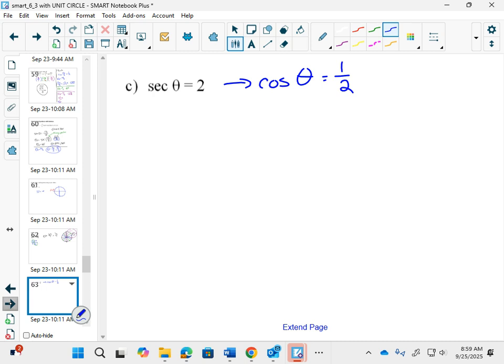And again, this is where I use the strategy. I have one of them memorized really well. If I know that sine of pi over 6 is a half, now I'm dealing with cos. It's not going to be pi over 6. I know my reference angle, therefore, has to be pi over 3. What quadrants am I looking in? Think about my CAST rule.